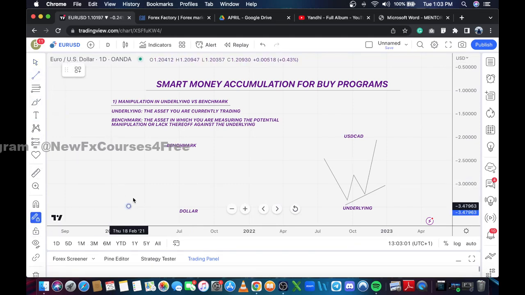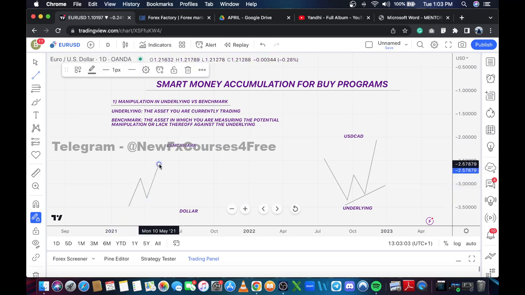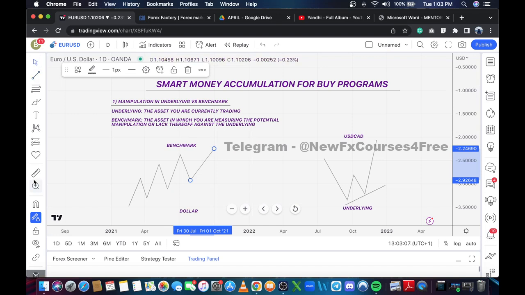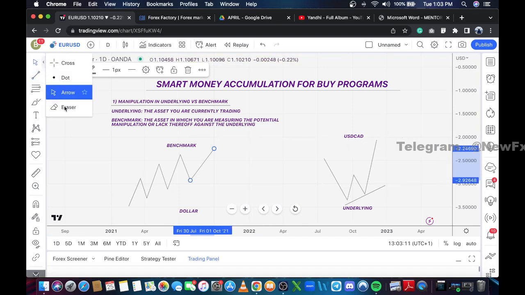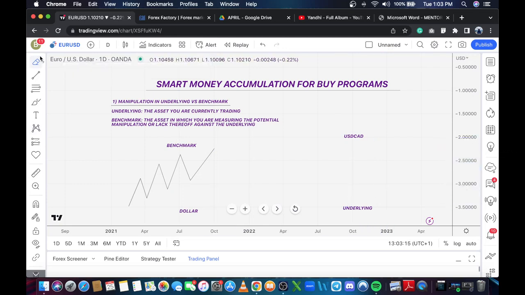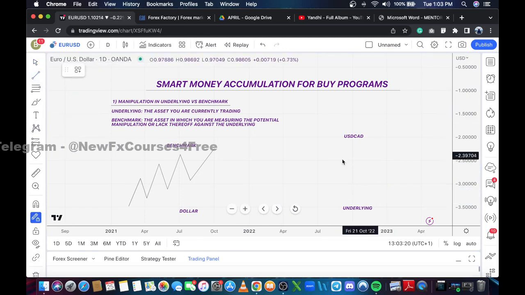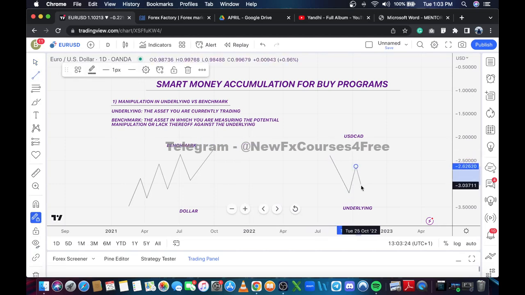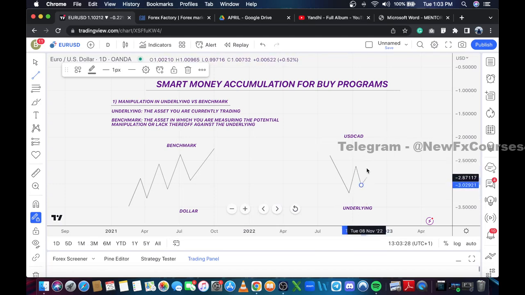Okay, so if dollar is running higher and higher, and we see our underlying that we're looking for a trade idea from running lower initially, then we can know that this run lower should be a buy.